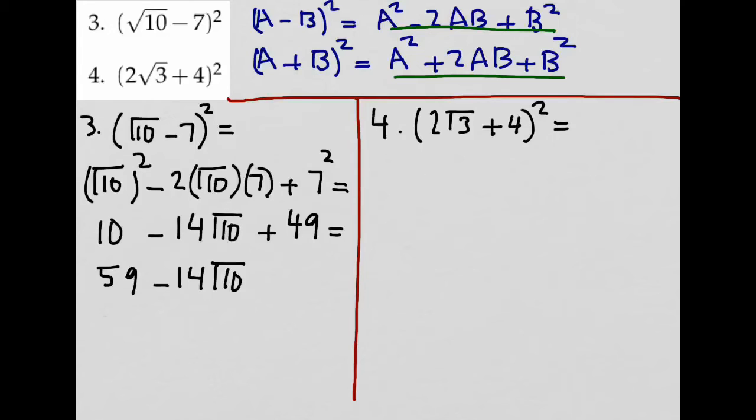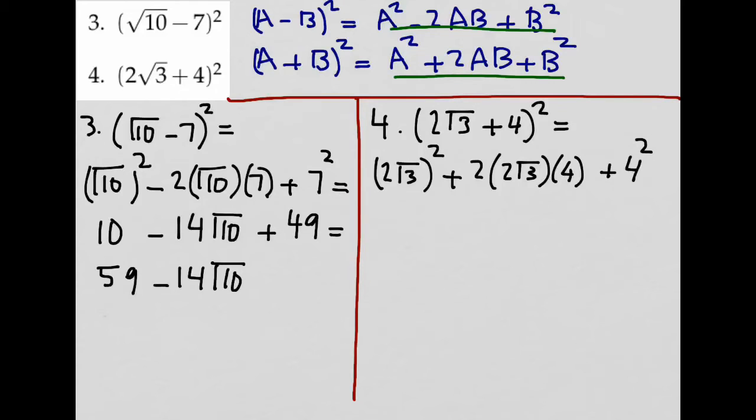So we have 2 square root of 3 squared, that's a squared, plus 2 times 2 root 3 times 4, that's 2ab, plus 4 squared, which is b squared.